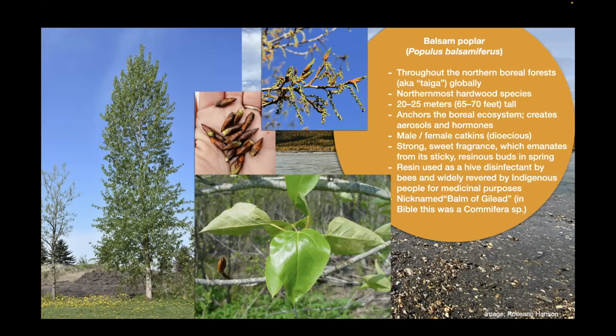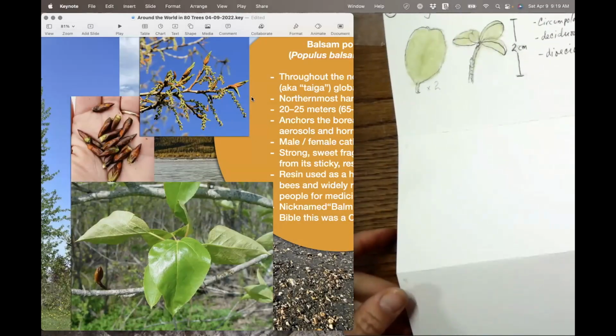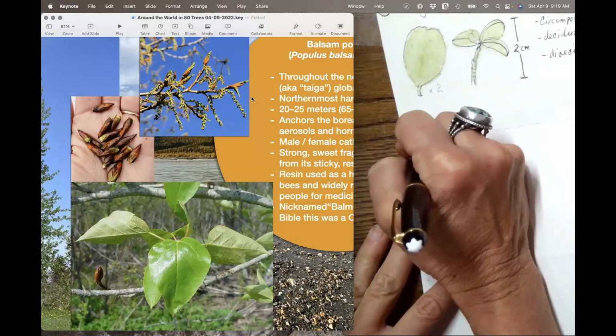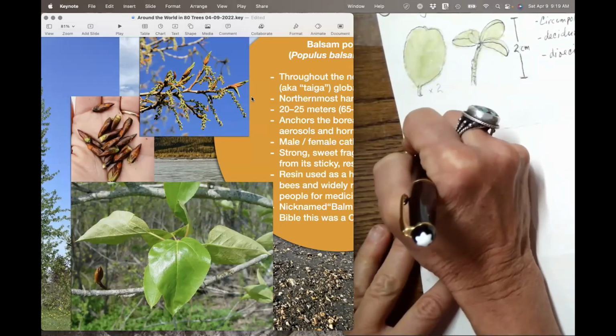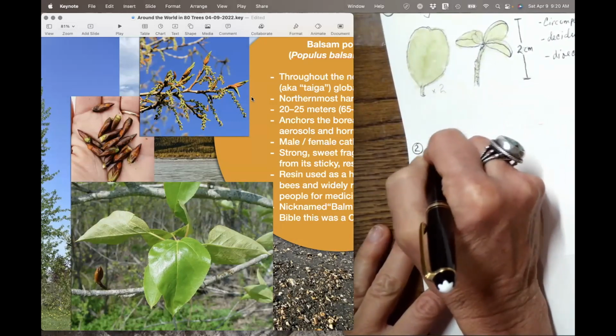So how are we going to sketch this guy? Well, I think what I'll do is first, let's get my number 2. Going straight ink on the name here. I hope I don't mess up.